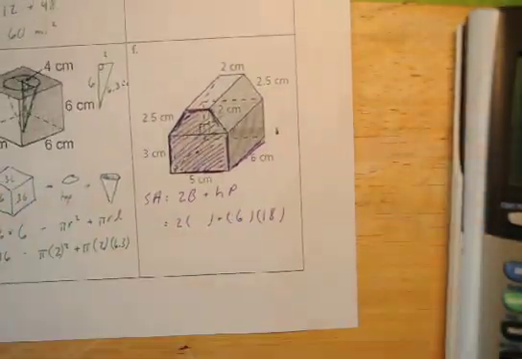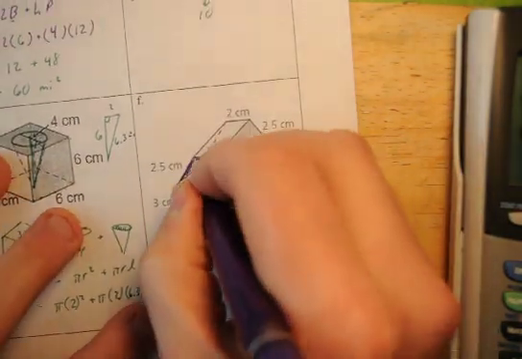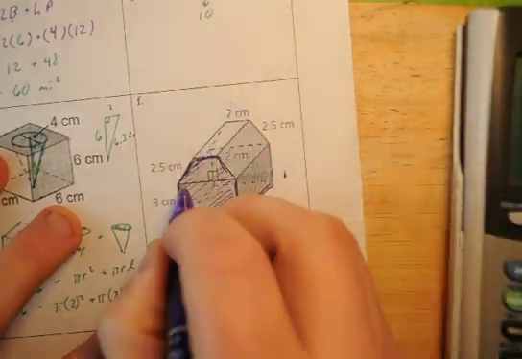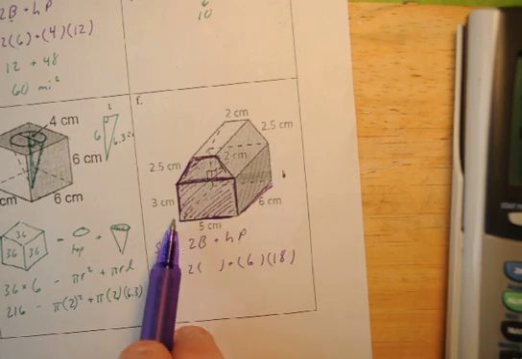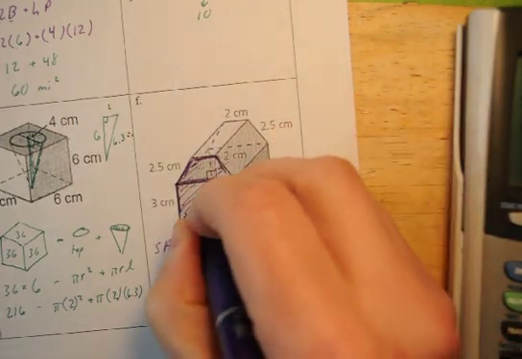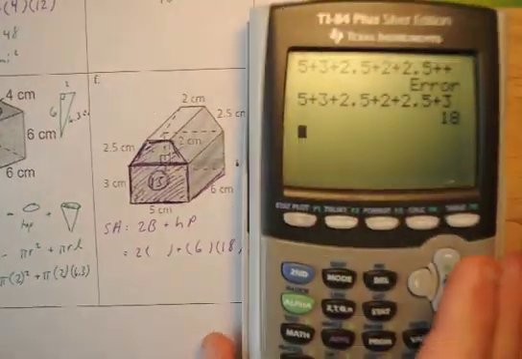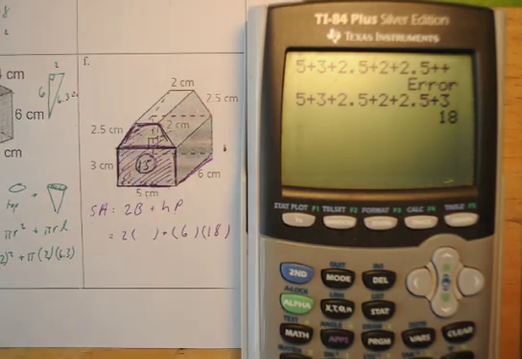Last thing we gotta do is to take this base apart and find the area of it. So this is a trapezoid and a rectangle. The rectangle is easy. It's a 3 by 5. So that has an area of 15. The trapezoid, remember you do the average of the bases.